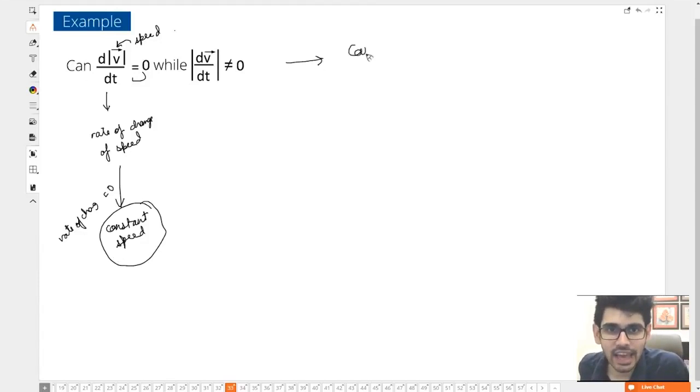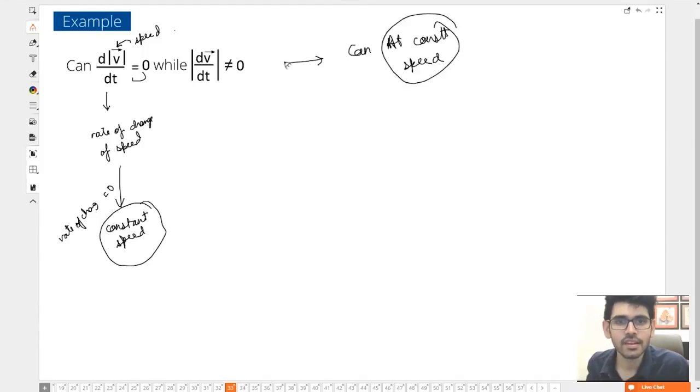Now it is saying, can at constant speed, let's decode it further, can at constant speed we have a rate of change of velocity? Now this is nothing but the magnitude of the rate of change of velocity.